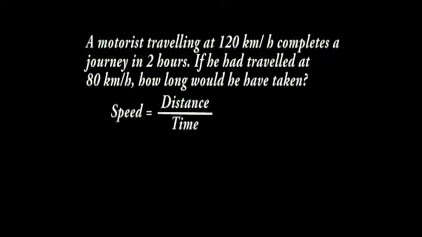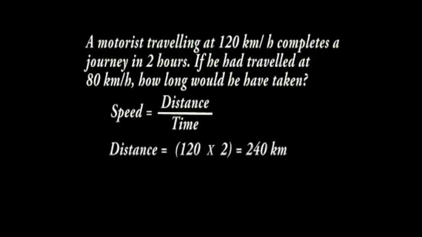If the speed is 120 kilometers in 1 hour, then in 2 hours the motorist covered a distance of 120 times 2, which is 240 kilometers. Certainly, this was the distance of the entire journey.